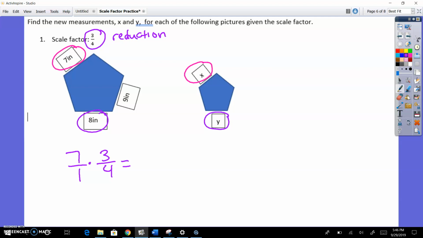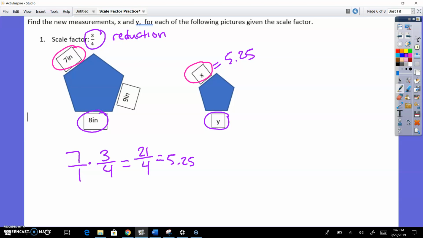There's no cross simplifying here. 7 times 3 is 21. And 1 times 4 is 4. And so when I divide 21 divided by 4 in my calculator, I actually get a good number here. I get 5.25. So x is equal to 5.25. It's terminating, so I can use that as a decimal.